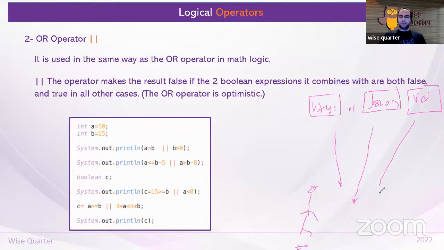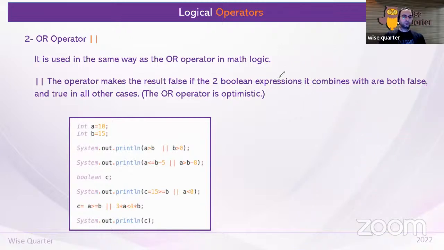One of them will be enough for the teacher. It means if one of them is true, the condition statement will be true. Just remember that if there is an or symbol between statements, if one of them is true, the result will be true. If both of them are false, the result will be false. Otherwise, it will be true.